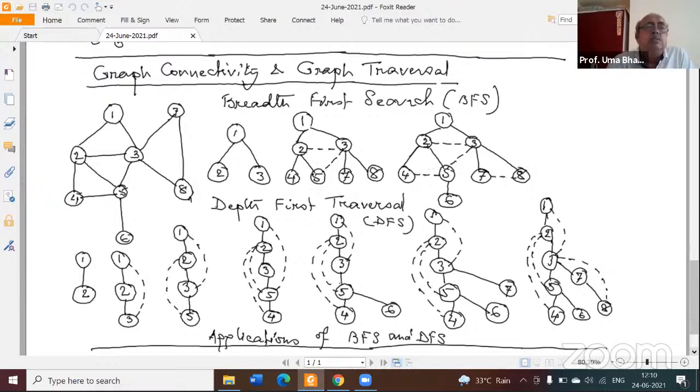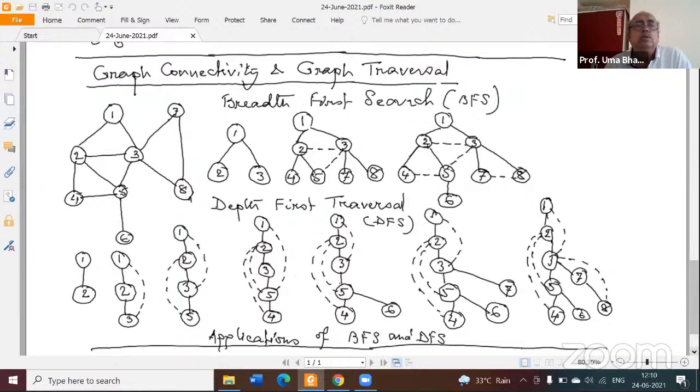So in depth first, we start with 1 and 2. We could have started with 1 and 3 also, no problem. We start with 1 and 2, but now we don't consider 3 because now I am in 2, not in 1.